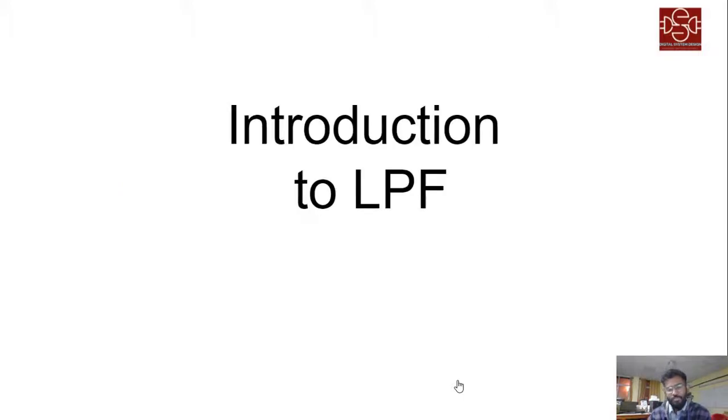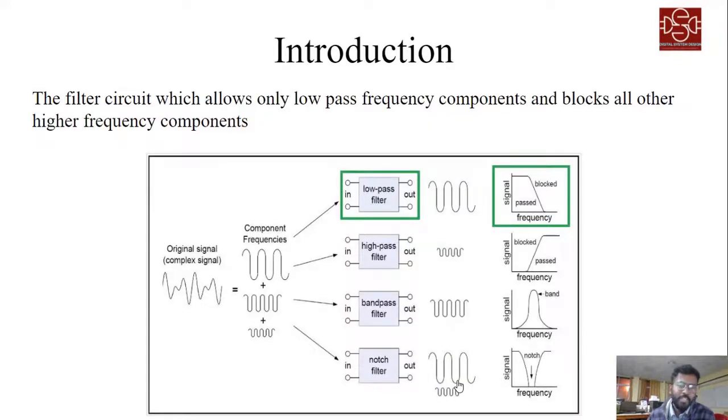So moving on, low pass filter. We all are very much aware of this filter term. From the filters, I have chosen the low pass filter for the first presentation on the DSD platform. Here I have a basic image of a low pass filter.